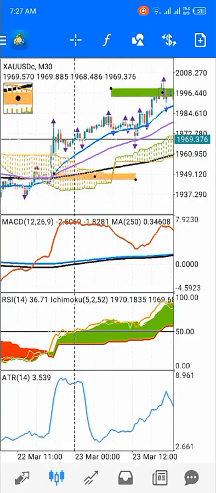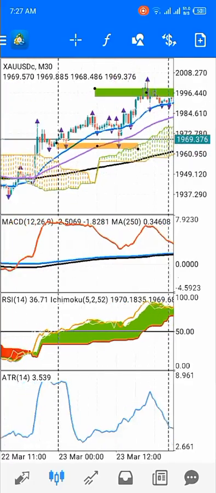And as you can see, price goes up, and as price goes up, you trail your stop loss.